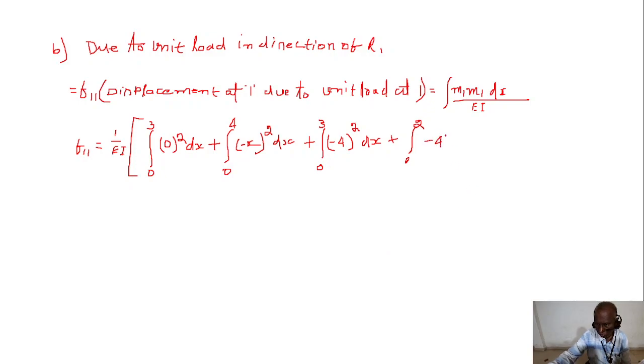So minus 4 whole square into dx. So you will simplify this equation. You will get F11 equal to 101.33 by EI.